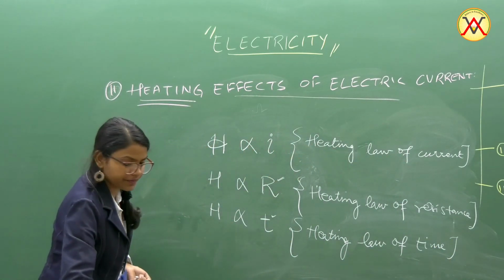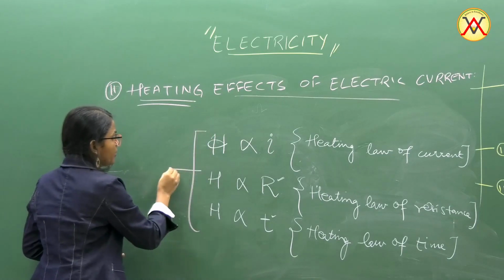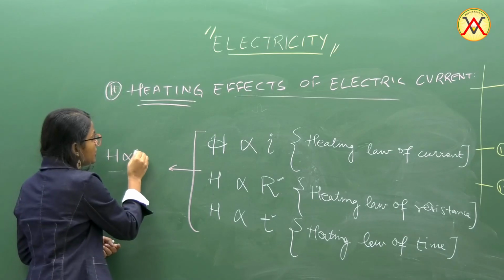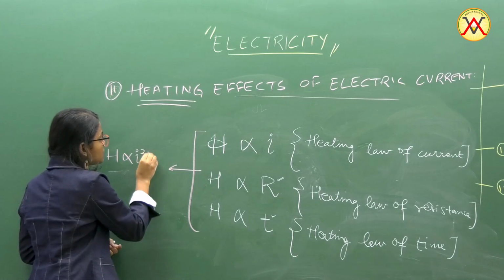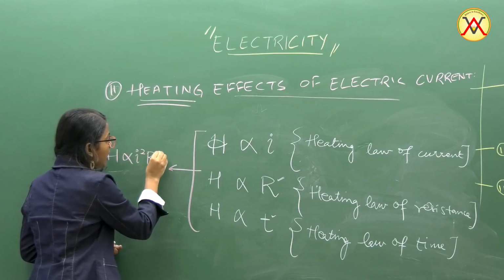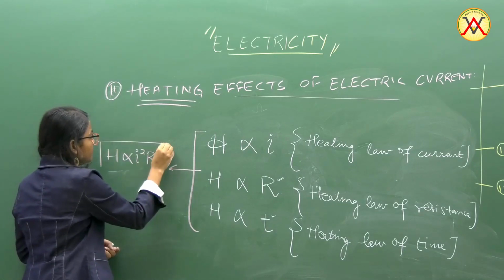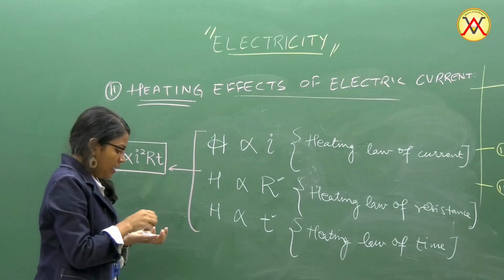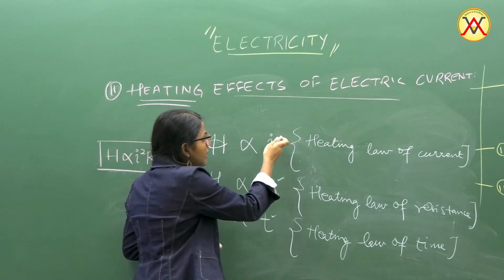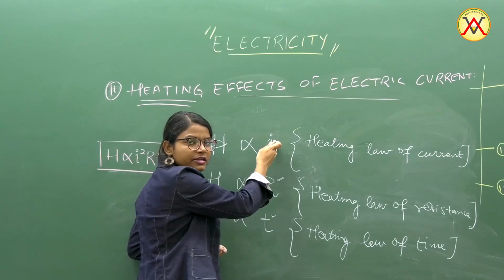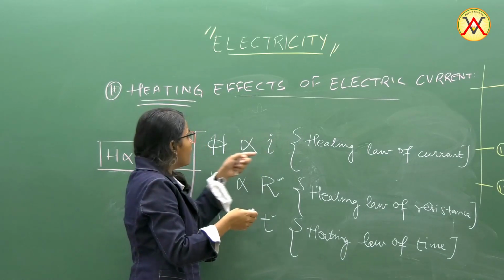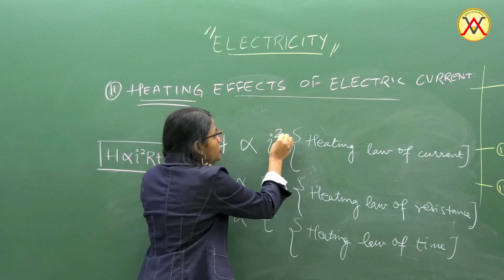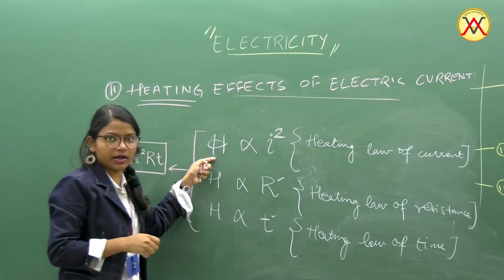Combining these three, we have H is proportional to I square R T. Here it has been observed that as current being increased in all the experiments, the heat that so produced was proportional to the square of our current.